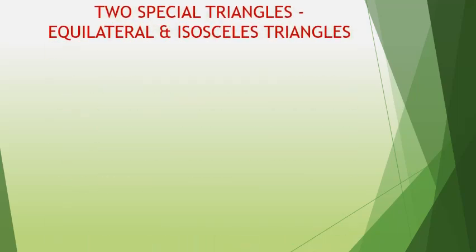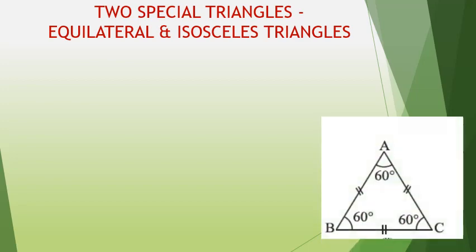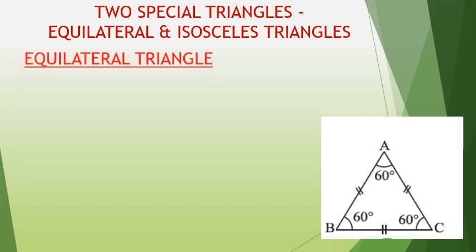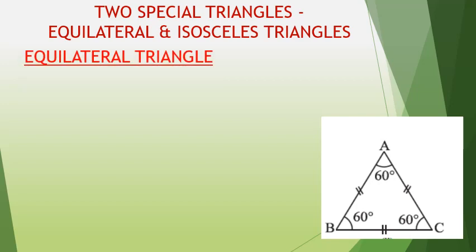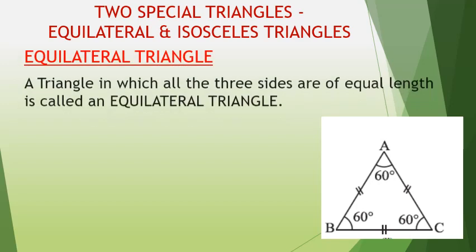Two special triangles, equilateral triangles and isosceles triangles. Children, you studied about equilateral triangle and isosceles triangle already. We just recall the properties and what is meant by equilateral and isosceles triangle. First, we can see what is meant by equilateral triangle.